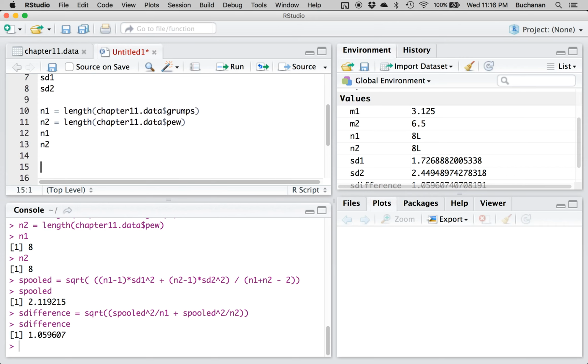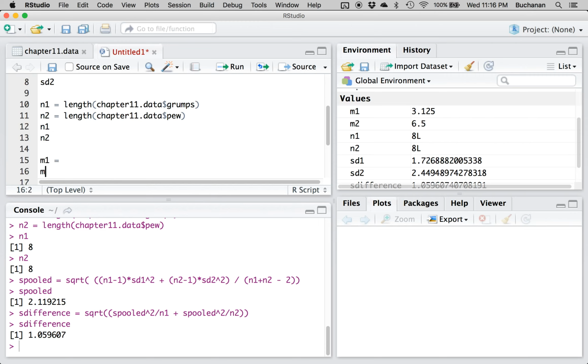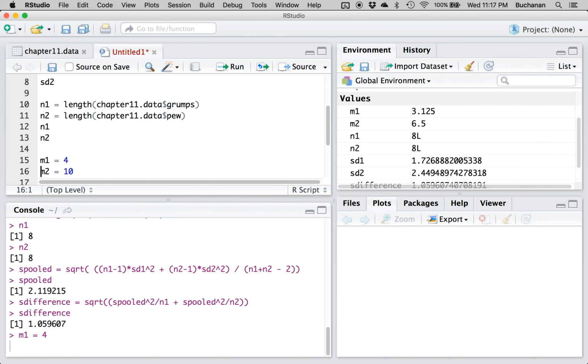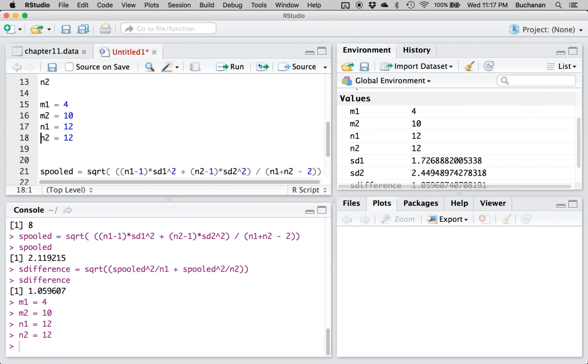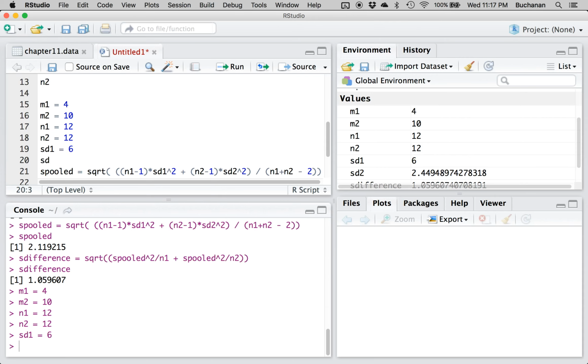So let's say you're working on a problem from the book, and they say, okay, the first mean was 4, and the second mean was 10. And each group had 12 people, and then the standard deviation for each group was 6 and 8.